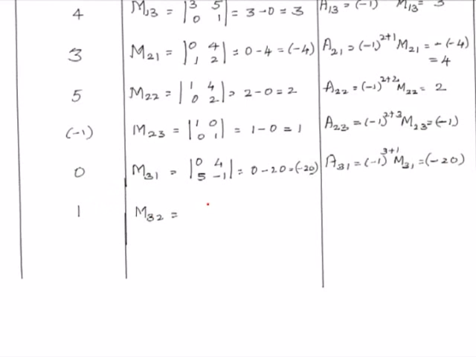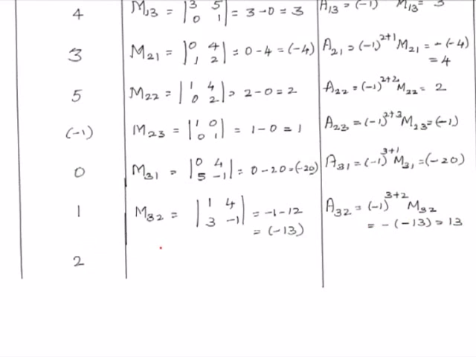Next element is 1. So 3, 2. Note it. Ignoring the corresponding row and the column, I get 1, 4, 3, minus 1. So that is equal to minus 1 minus 12. So that is equal to minus 13. When it comes to the cofactor, 3 plus 2 will be odd power. So you have minus of minus 13, which is equal to plus 13.